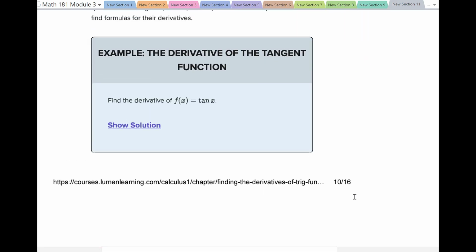The derivative of the tangent function. Find the derivative of the tangent function. Okay, this will be interesting. So what is our tangent? That's going to be sine of x over cosine of x. So our derivative is going to be, again, low d high, so cosine of x is low. D high, derivative of sine is cosine, minus the high, which is sine of x. D low is the derivative of what's down below, that's cosine.